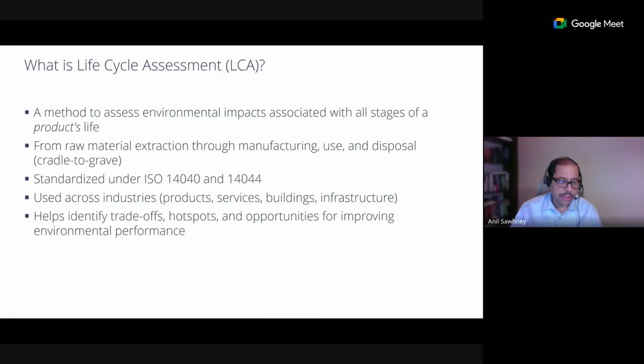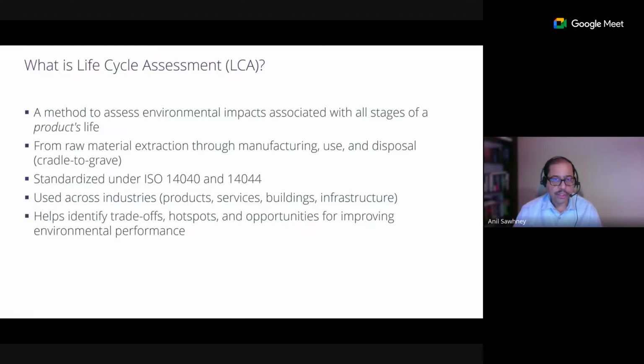So that's where we will move. But first, we need to understand the fundamentals of an LCA. LCA takes into account all types of environmental impacts associated with the extraction of the raw material, its transportation to the manufacturer, its actual manufacturing, its use, and its disposal. So sort of a cradle to grave analysis can be done using LCA. It's been standardized using two major ISO standards.